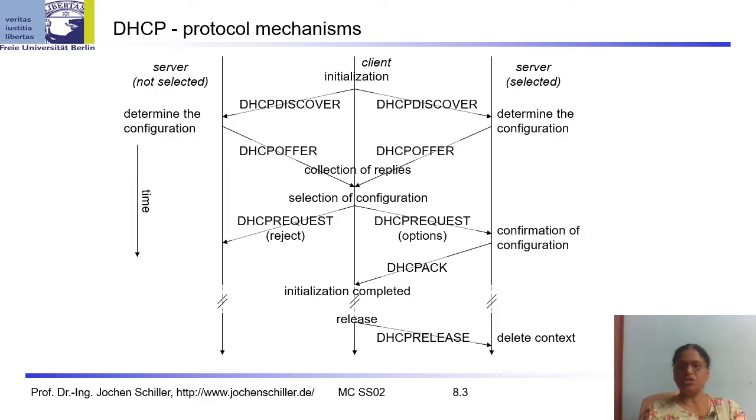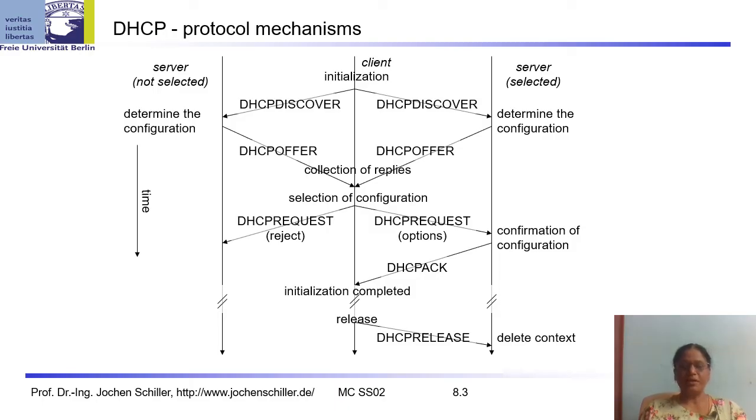It is up to the server to allocate either the same IP address or some other IP address. So in this way, every client is offered an IP address from the DHCP server.